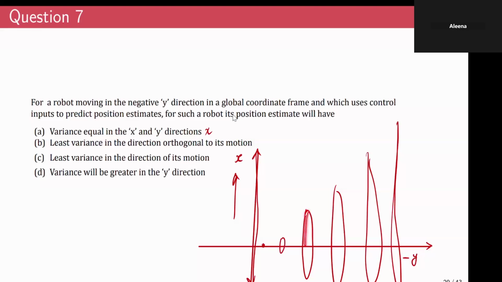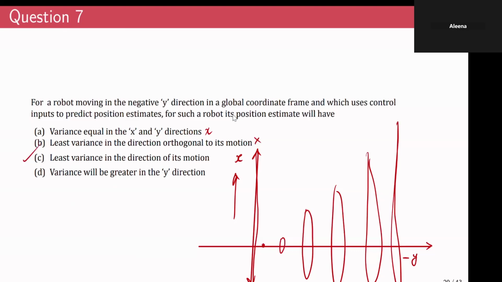We have high variance in the x-axis and very low variance in the y-axis. So that statement is also false. What about option C? Least variance in the direction of its motion. If the y-axis is the direction of motion, you can see that the width is very small in the y-axis. So that is a true statement.